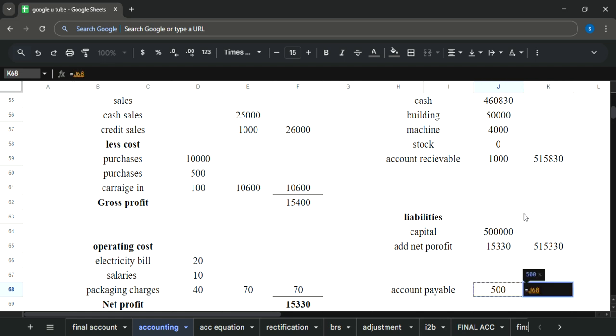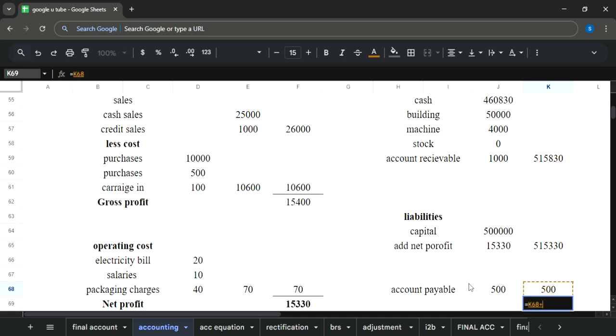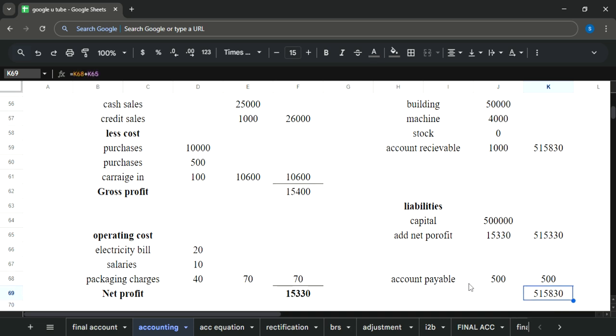It means the total of capital and the total of account payable we can now calculate. Let's take the sum of liabilities and capital. All right, guys, you have seen that the total of the liability side is 515830 and the total of the asset side is 515830. In this way, our balance sheet is equalized.